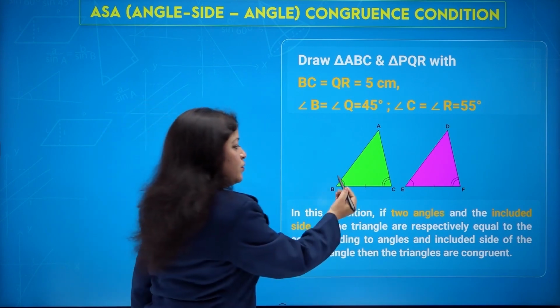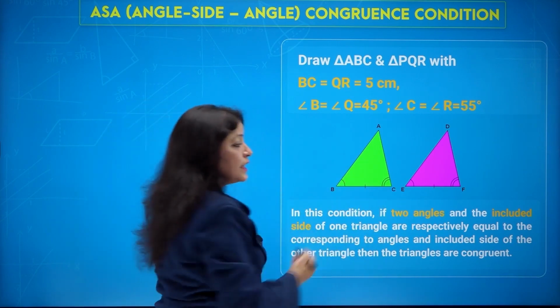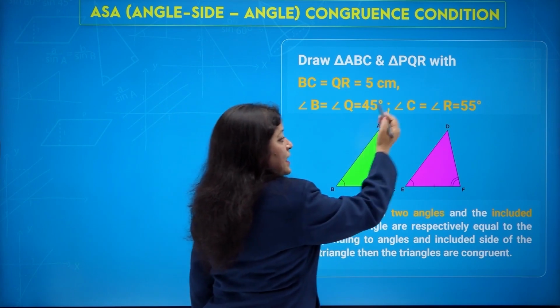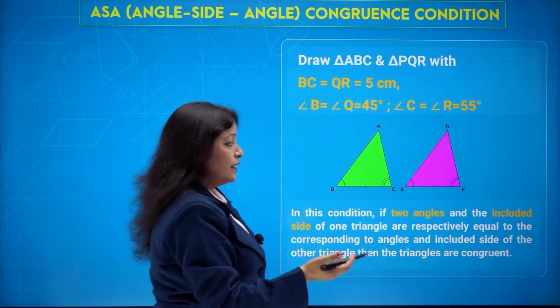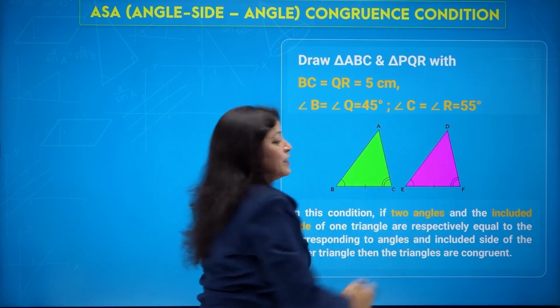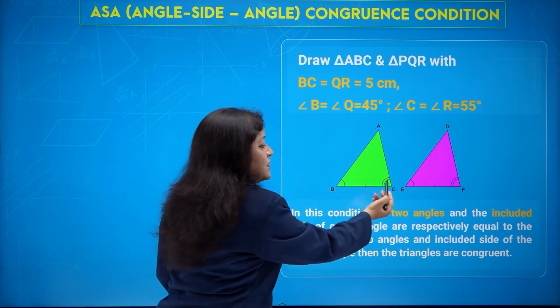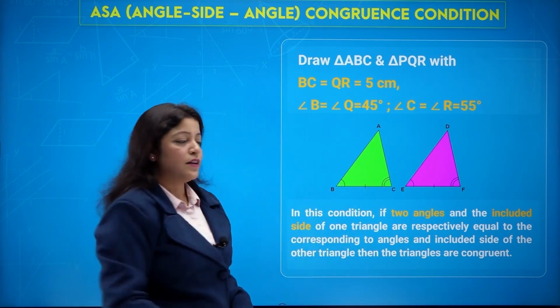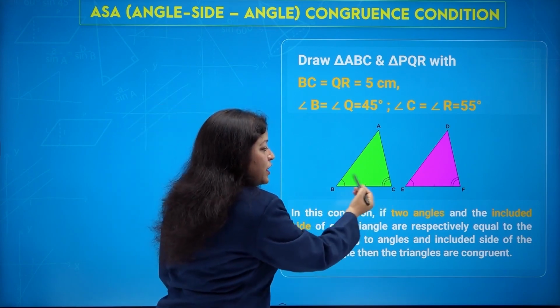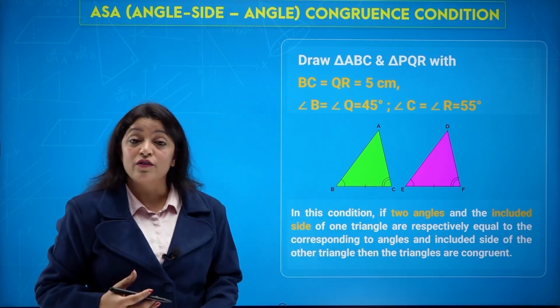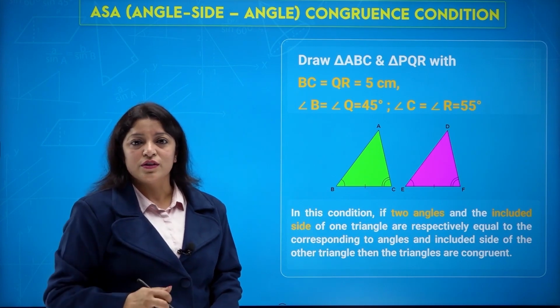Yes, you can check. The vertex B will fall over the vertex E. Similarly, vertex A will fall over the vertex D, and vertex C will fall over the vertex F. So we can see here that if two angles are known to us and the side which is included between the two angles, they will be congruent to each other.